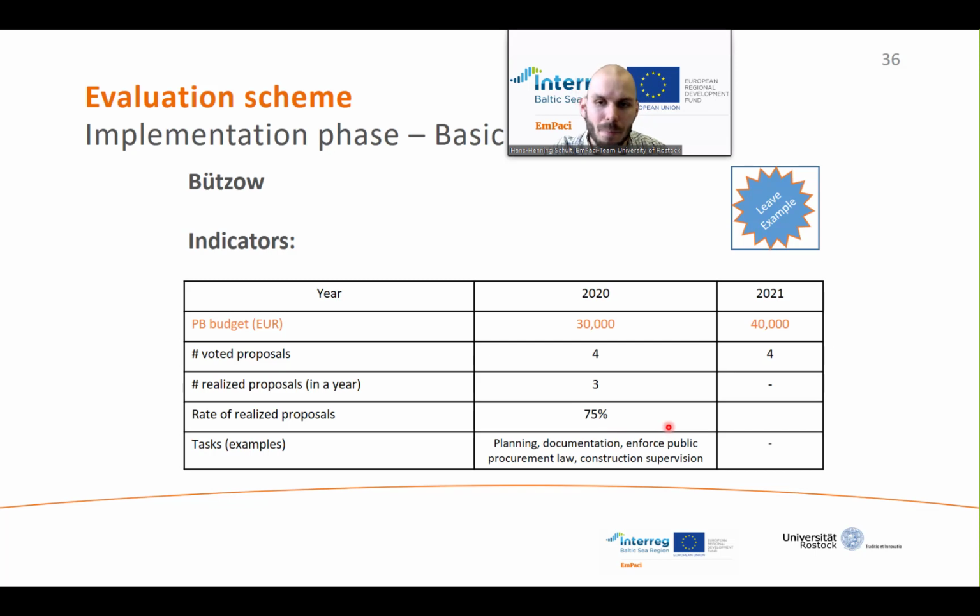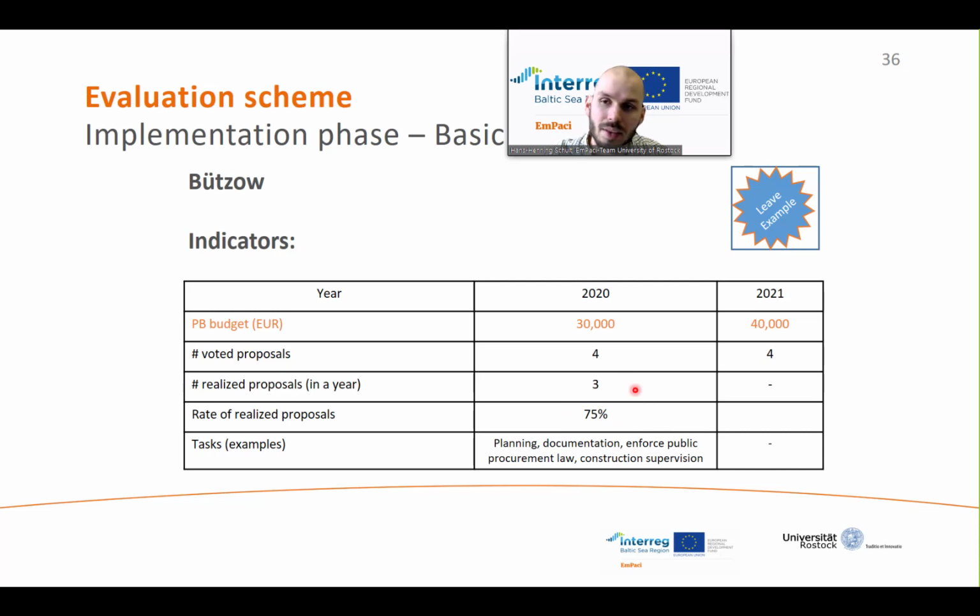And the question now is why not all proposals are implemented. That's where we dive deeper and leave the basic set, so to say. We have the basic numbers, which are maybe nice to know, how many proposals are voted and how many realized, but in the evaluation we really ask: what is the next step?